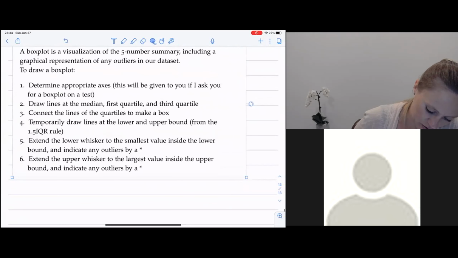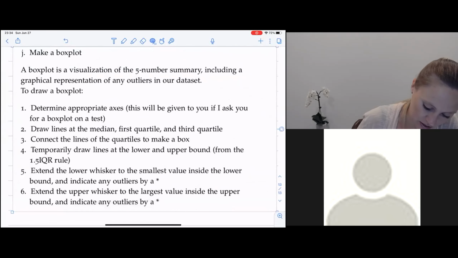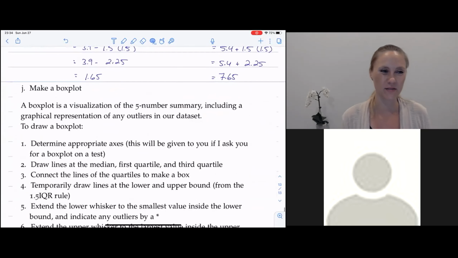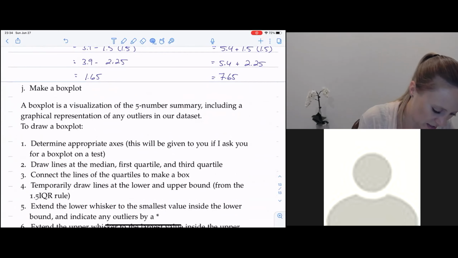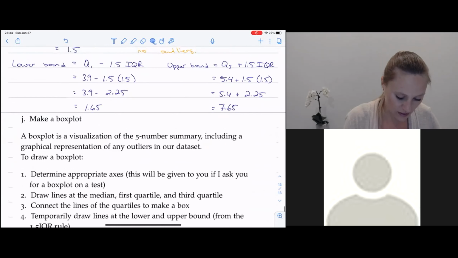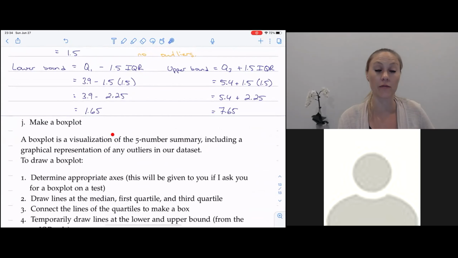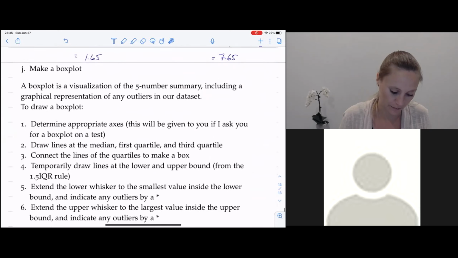You're not going to have to draw a box plot, but it's good to know where everything came from. A box plot is essentially a visualization of the 5-number summary, and it includes a graphical representation of outliers. So that can be handy. We can generate a box plot, and it'll highlight if there are any outliers and which ones they are.